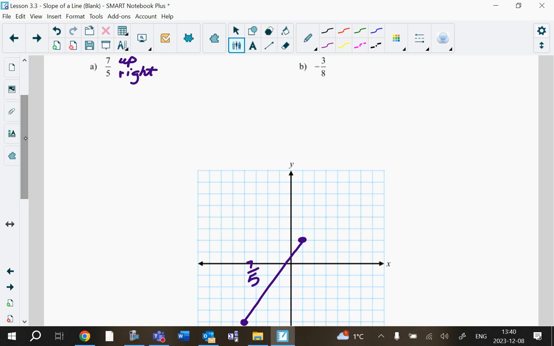Now, notice the negative. It's in the middle. Does it apply to the 3 or the 8? Both. But if you apply -3 and -8, you get a positive.